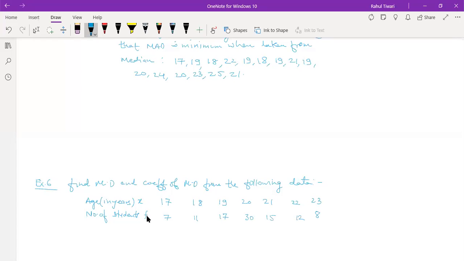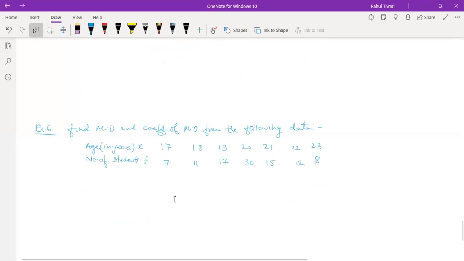So you can consider this as ungrouped data and you can try to solve that.